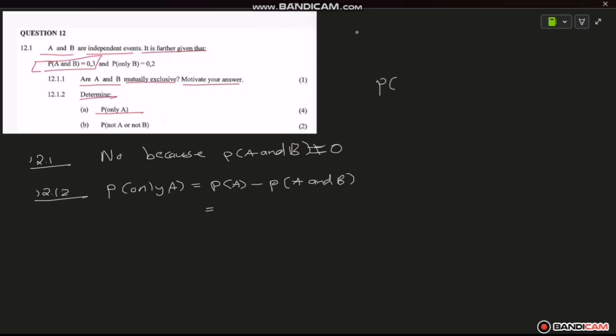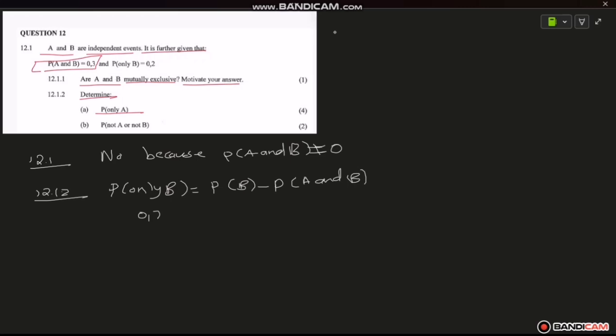Let me just write it here and erase this one so that my work can be clear. Alright, let's start here. P only B, and see if it's going to help us. P only B equals the probability of B minus the probability of the intersection of A and B.